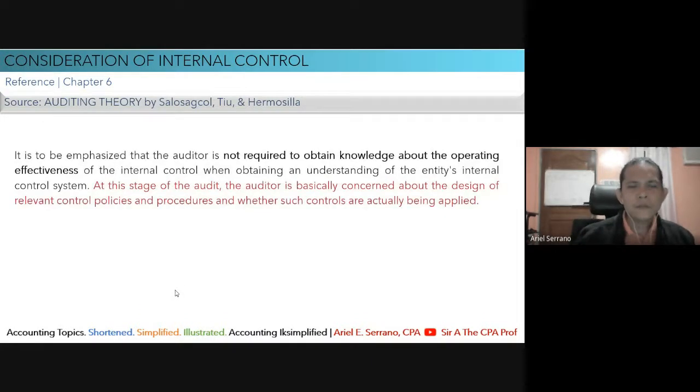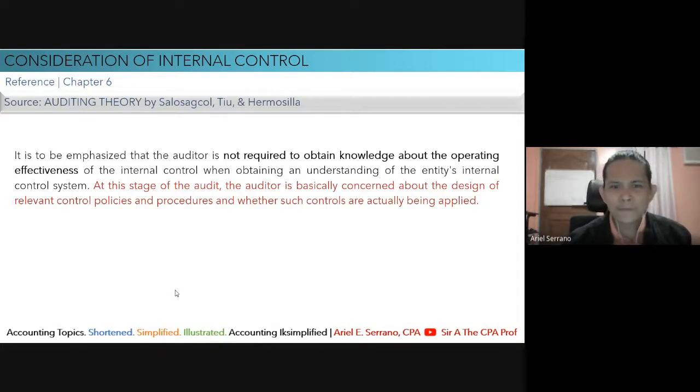Now, sabi dito, it is to be emphasized na hindi po required si auditor na mag-obtain ng knowledge, ng kaalaman about the operating effectiveness of the internal control. Okay? Please take note ha. It is not required to obtain knowledge about the operating effectiveness.